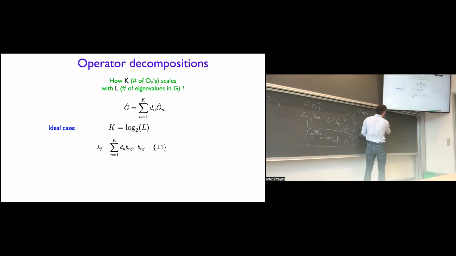If you have, let's say, one operator with plus minus 1, and then another plus minus 1 multiplied by, say, 10, then the sum of the two will give an operator with 4 eigenvalues, and the largest eigenvalue will be 10 plus 1, 11.